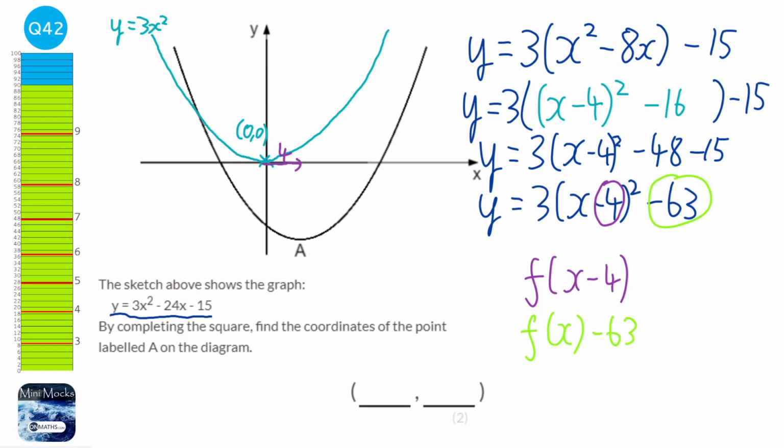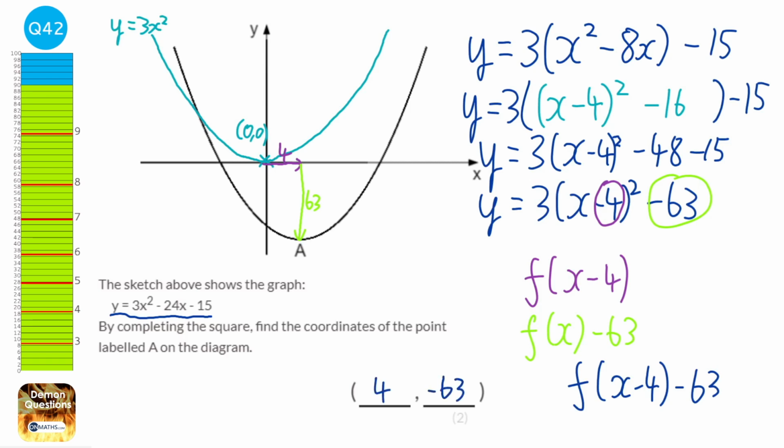If we had f of x minus 63, we know it goes down 63. So in total, we have f of x minus 4 take away 63. That's what we have in total. So we're moving 4 to the right and then 63 down. So instead of 0, 0, our minimum point will be at 4, minus 63.